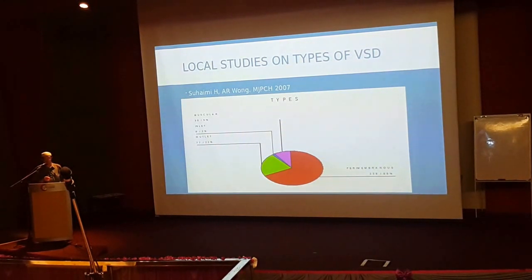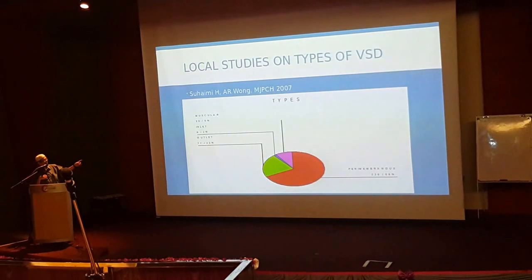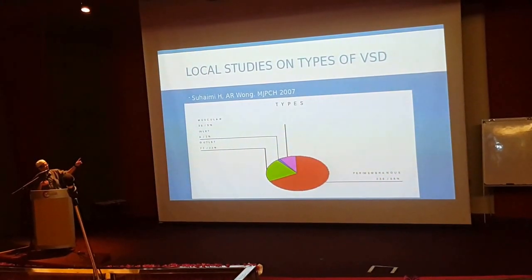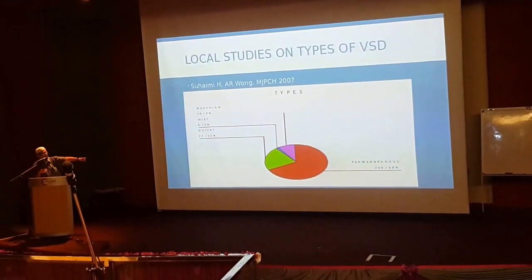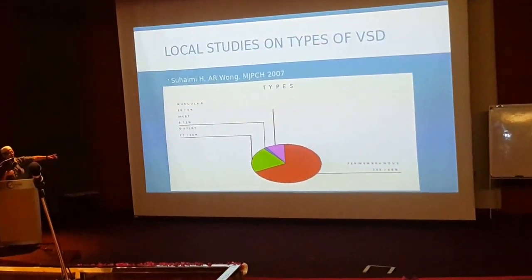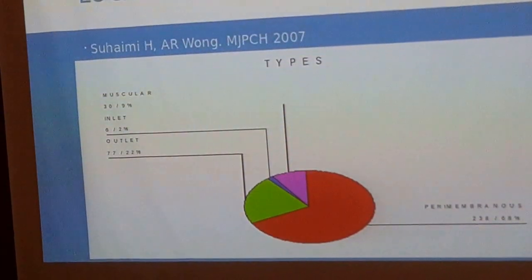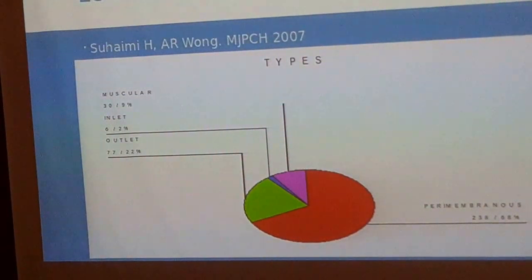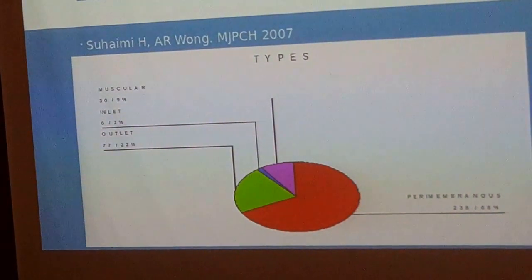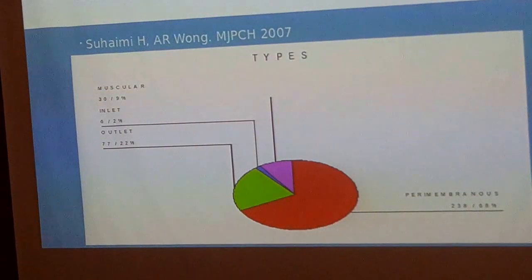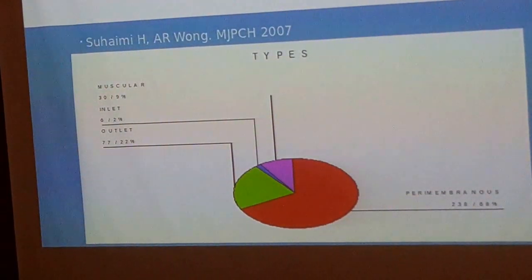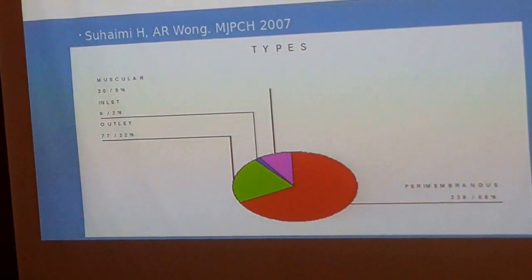What we realized is that perimembranous defects were the greatest majority. That's the big red part of the circle. Then muscular defects account for about 30%, with inlet type defects only 2%, and the outlet ones 22%, almost a third of our cases.